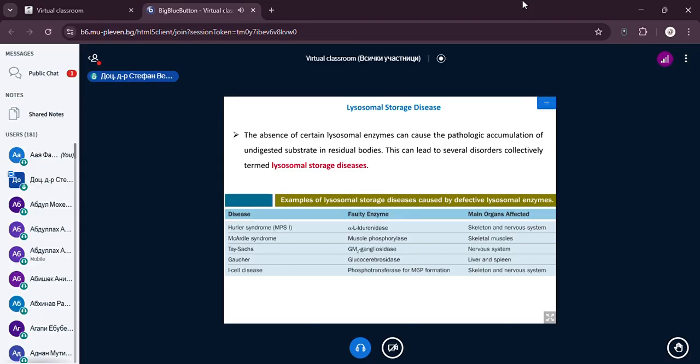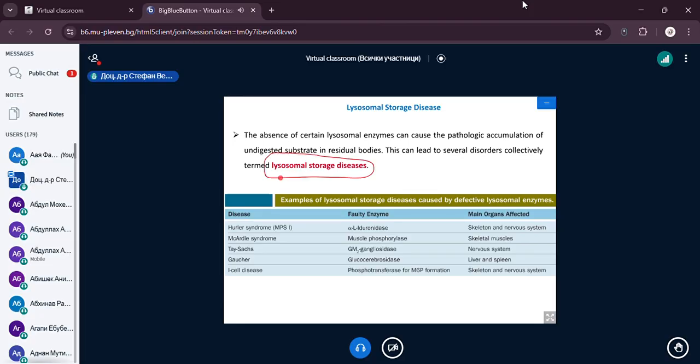Some of the secretory vesicles fuse with the late endosomes, and their content is degraded in secondary lysosomes called crinolysosomes. In medical genetics and in pediatrics and in neurology and in internal diseases and pathology, you will discuss a large group of so-called lysosomal storage diseases.